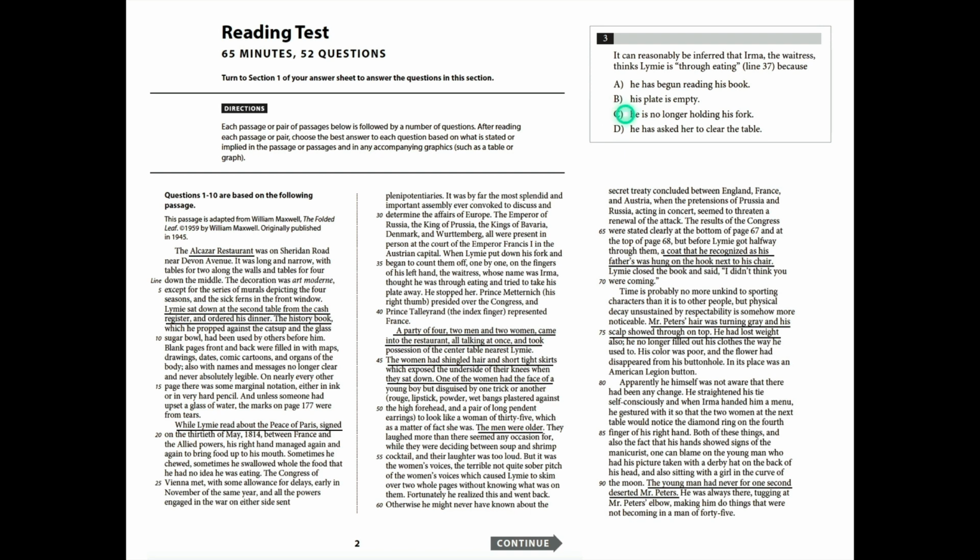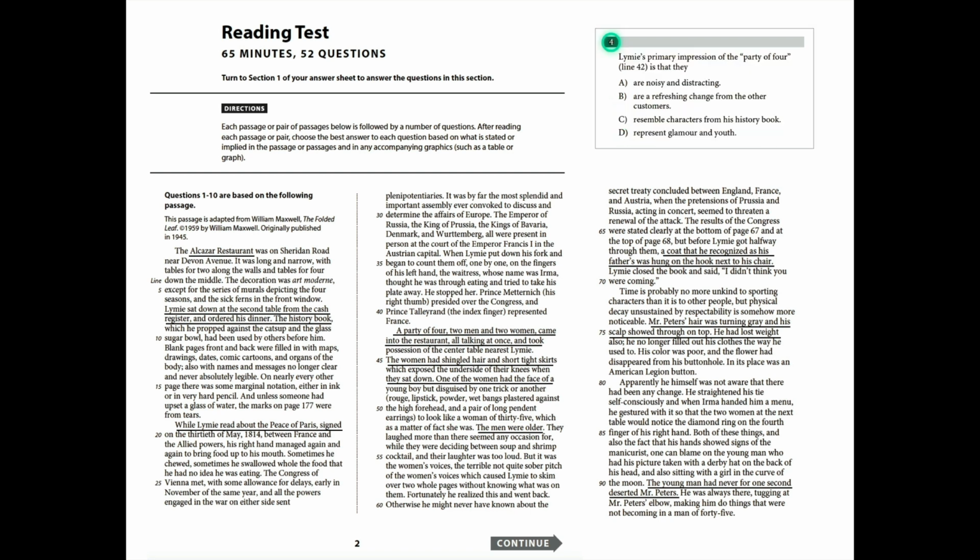Okay? So let's move on to question number 4. Limey's primary impression of the party of 4, line 42, is that they... Once again, primary, we're going to ignore that, cross it out, and read the question as Limey's impression of the party of 4, line 42, is that they... So we go down to line 42, and the author says, a party of 4, 2 men and 2 women, came into the restaurant, all talking at once, and took possession of the center table nearest Limey.